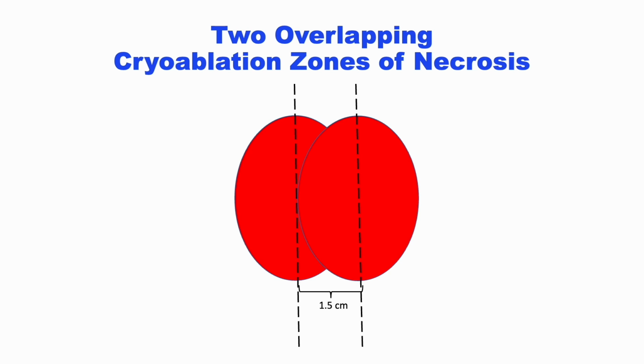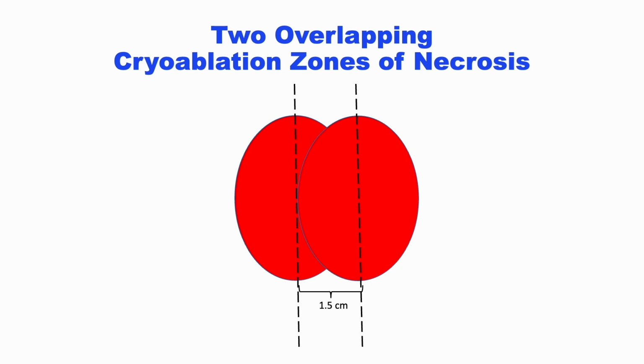However, in my judgment, when using cryoablation zones of necrosis measuring 4 by 3 by 3 centimeters, spacing each adjacent cryoablation site 1.5 centimeters from the next one minimizes to a reasonable degree the risk of leaving incompletely ablated cancer cells between and within overlapping cryoablation zones of necrosis.